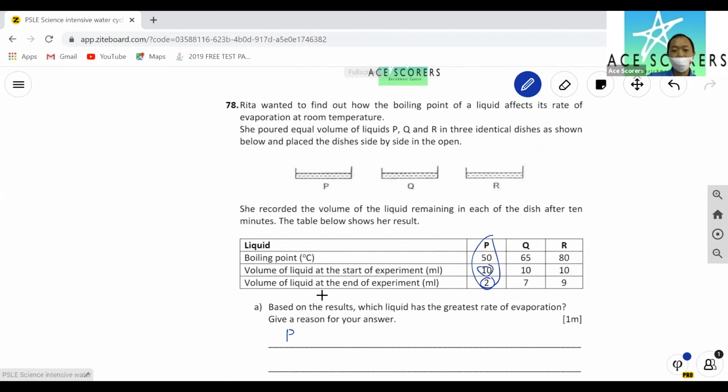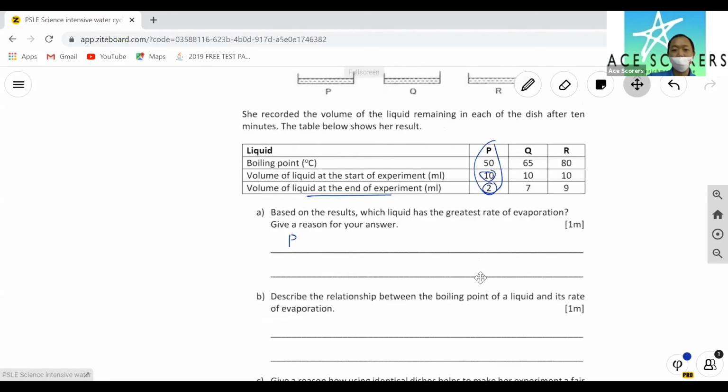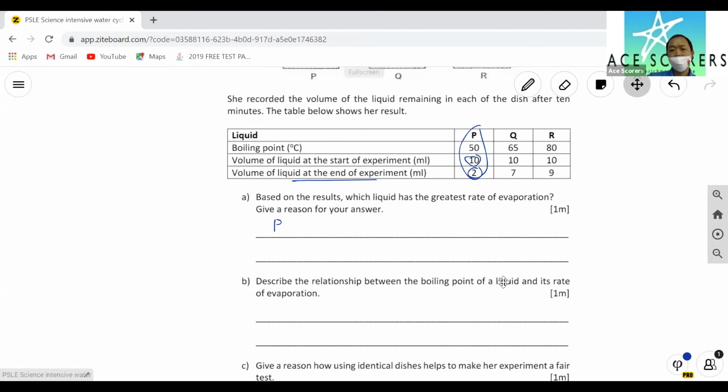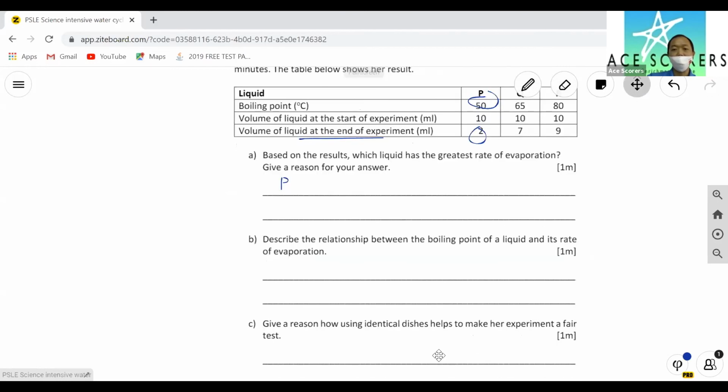Because the volume at the end of the experiment was the least. So between the boiling point and rate of evaporation, it's a relationship question: the lower the boiling point, the higher the rate of evaporation.